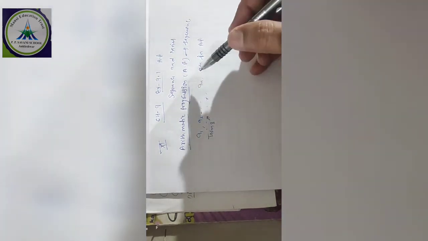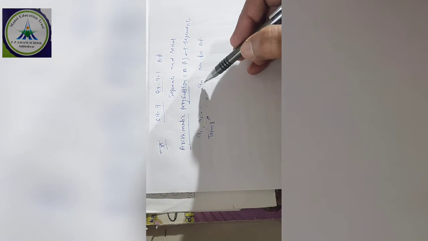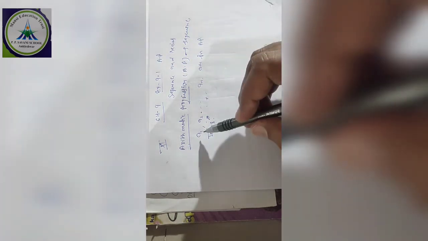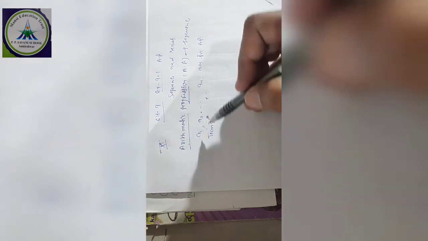A1, A2, A3, dot, dot, AN are the terms of the sequence, which is called an AP. Clear? Our sequence name is AP.